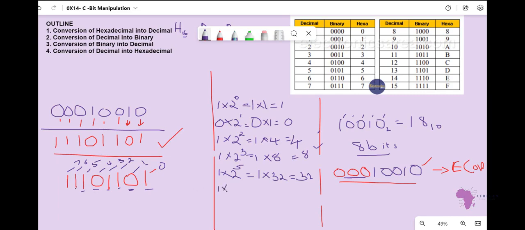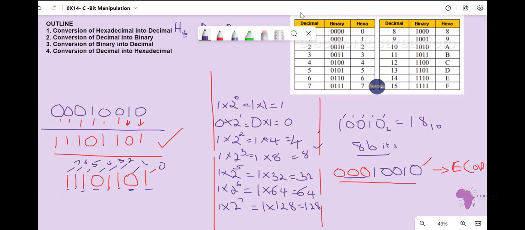So 1 multiplied by 2 raised to 6, which is equal to 1 multiplied by 64, which will give us 64. Let's come to the last one, 1 multiplied by 2 raised to 7, which is equal to 1 multiplied by 128, which is 128.